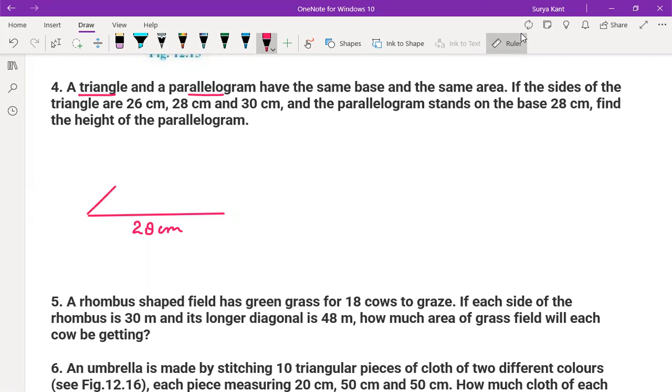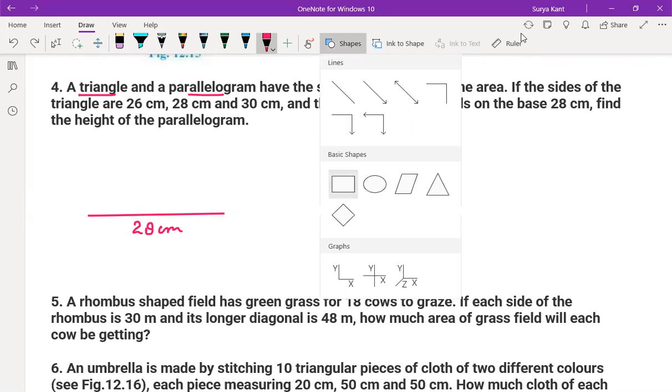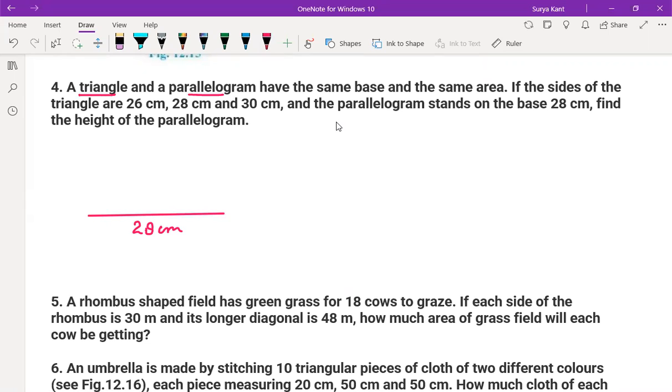So the triangle, if we write, it looks like this: this is 26, this is 26, this is 30. Now the parallelogram also lies on the same base, that is 28.